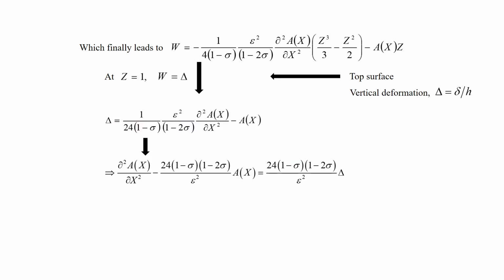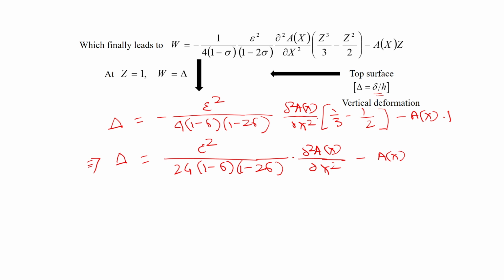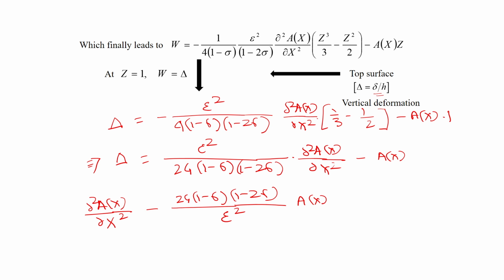So, finally, I will have ∂²A(x)/∂x². So, it is minus 24(1 − σ)/(1 − 2σ) by ε² into A(x), okay, that is equal to 24 into delta into (1 − σ)/(1 − 2σ) by ε², and yeah.